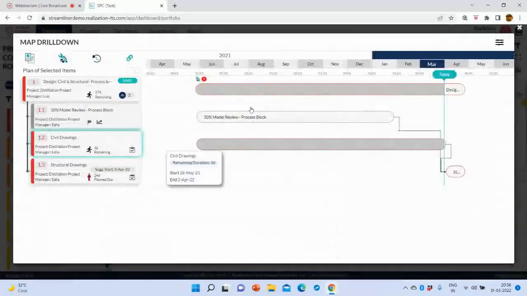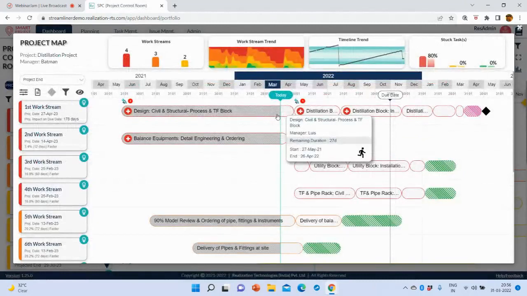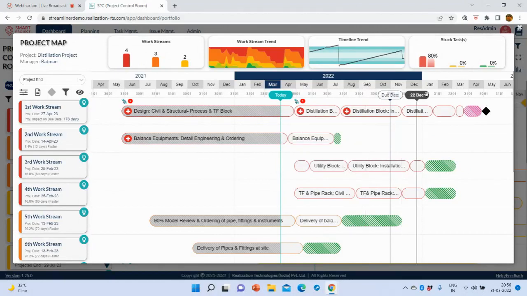Then it's rolling it up. It is recalculating, rolling it up, and predicting by itself based only on the progress data. No promises, only the progress data of actually at what pace work is happening. It is figuring out what is the impact on this box, and therefore what is the impact on this entire plan. That is how it is calculating the impact by itself.